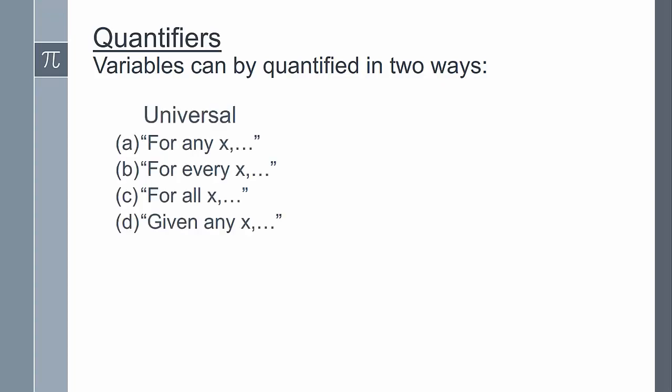The first way is the universal quantifier, and we see phrases in mathematical statements and theorems like for any X, for every X, for all X, or given any X. The universal quantifier is the upside down capital A. When we see this symbol, upside down A, X, from the context we know how to read it: for any X, for every X, or given any X. If we have a statement about the variable X, let's call it S of X, read as statement S about X, we can use this universal quantifier in front.